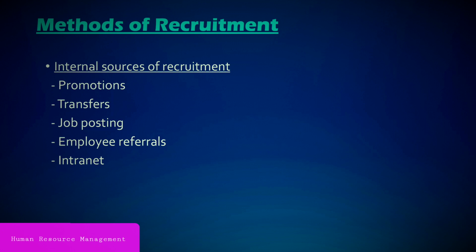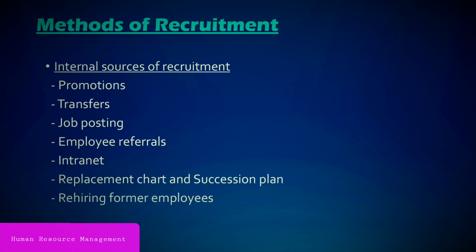Intranet. Intranet is a private network which can be accessed only by the authorized users. That means it's like an internal communication process. Then replacement chart and succession plan, which we discussed in the HR planning video. Then rehiring former employees.